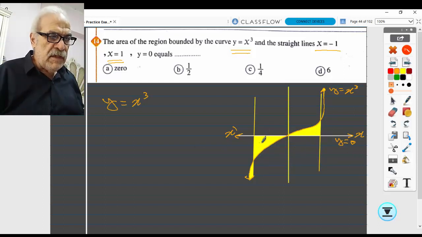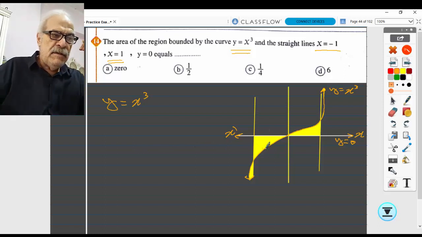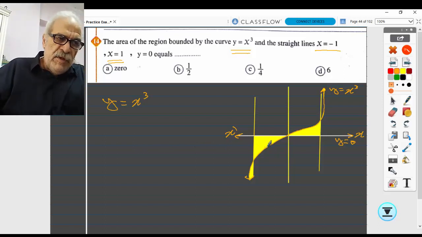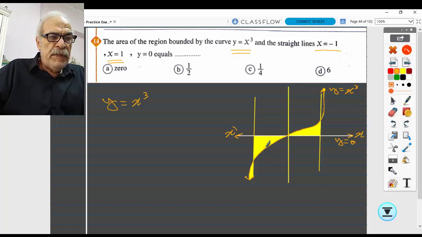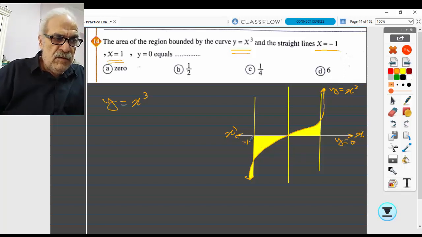But if you calculate the area here, it will be negative because it is under the x-axis, from x equals -1 to 0 and from 0 to 1.